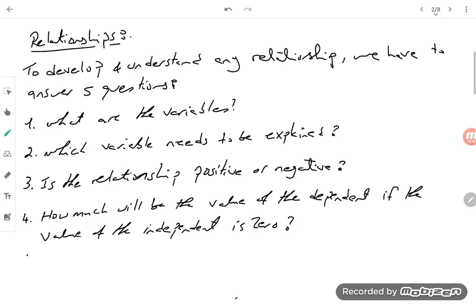And with respect to question number 5, by how much the dependent variable will change if an independent variable changes by a small amount or 1 unit?